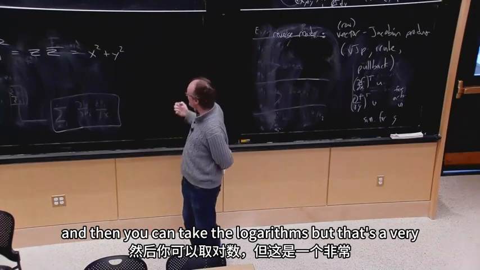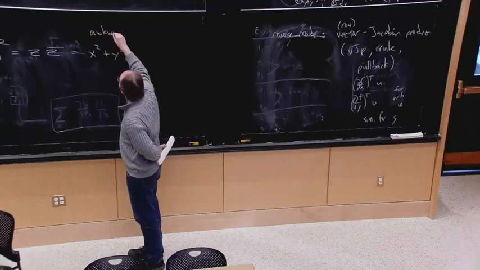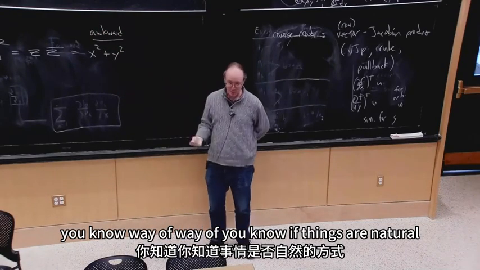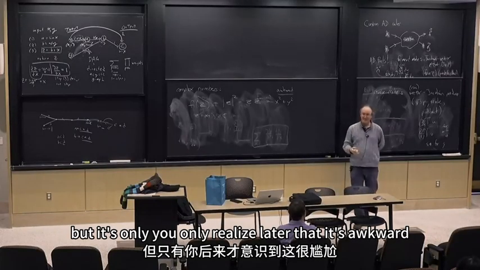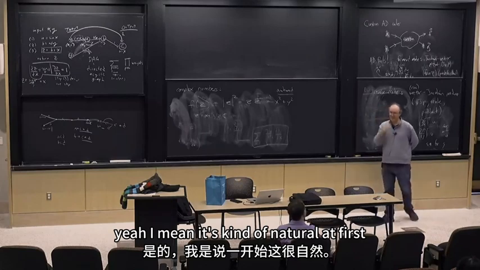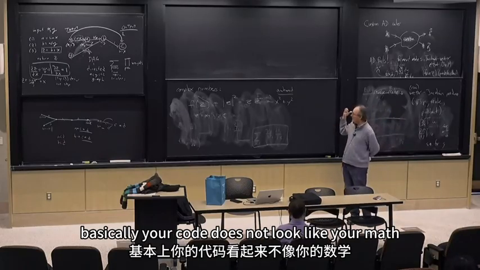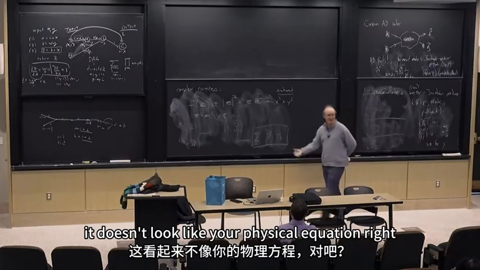But this is a very awkward way of doing it if things are naturally expressed in terms of complex numbers. At first, it doesn't seem awkward, but you only realize later that it's awkward. It seems kind of natural at first blush, but then your code does not look like your math anymore. It doesn't look like your physical equations.